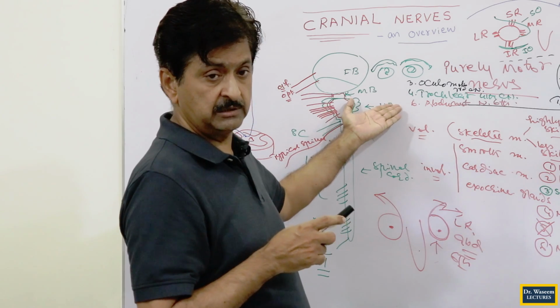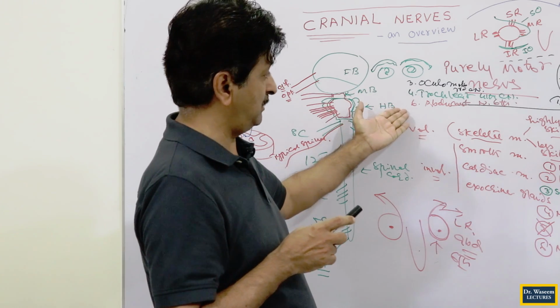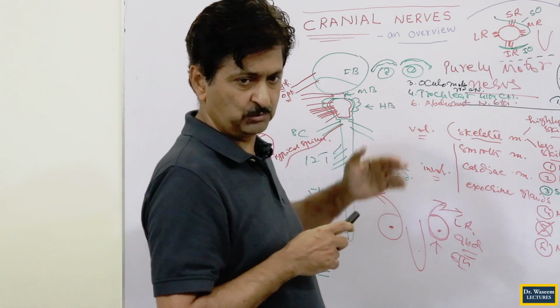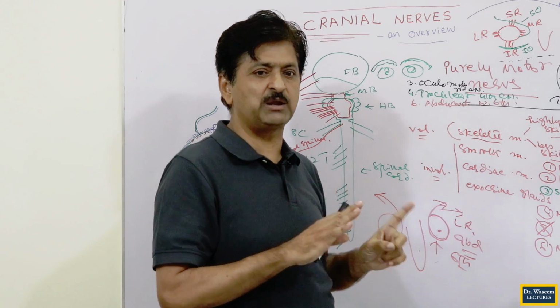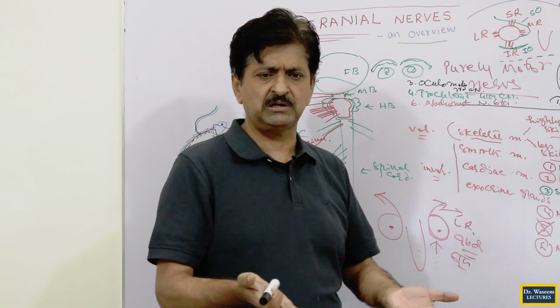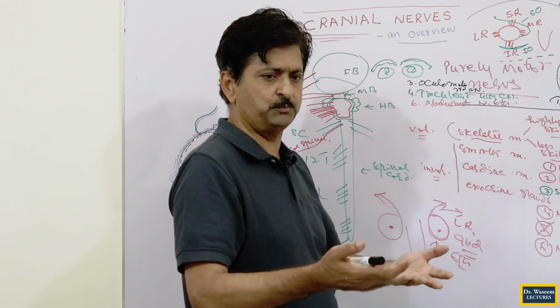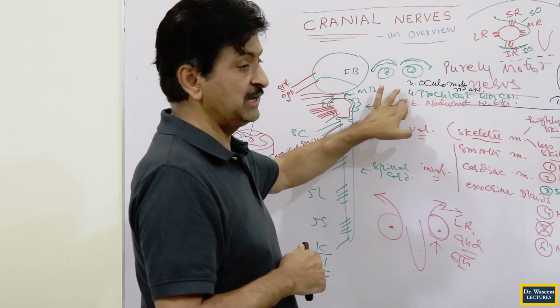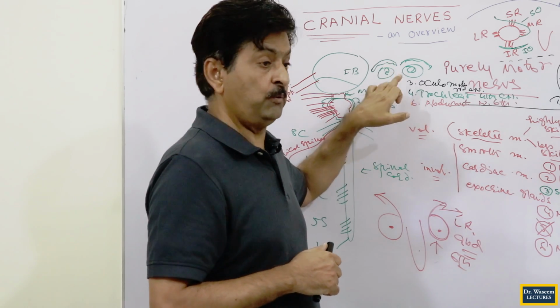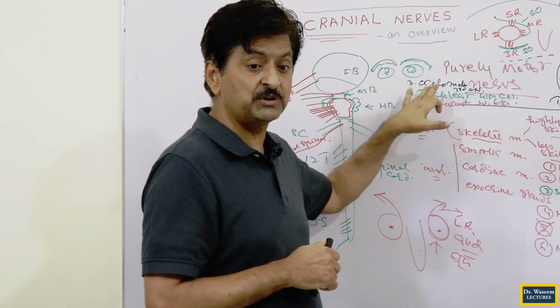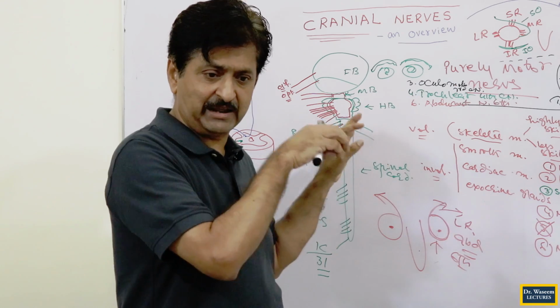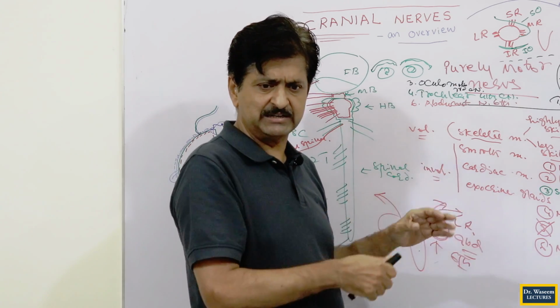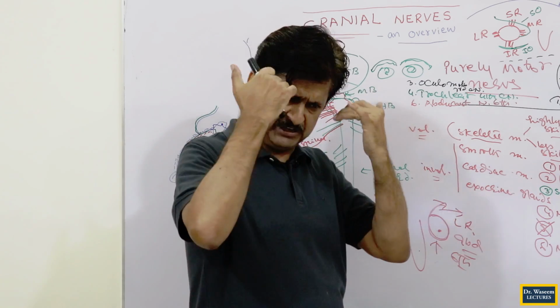I am discussing this nerve in the purely motor group. Though I am not calling it very purely motor, that is not actually a phrase here. So these are the 3 nerves. The involuntary motor fibers, we will discuss later, but they function for the eyeball.